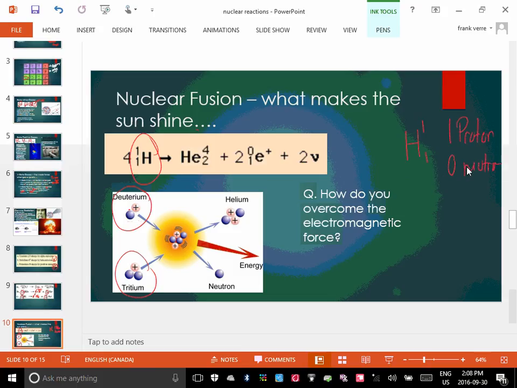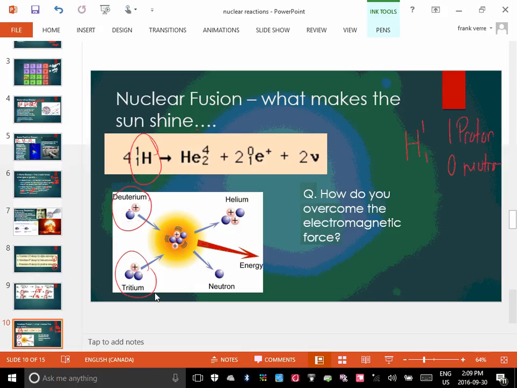So its mass would be 1 because it has 1 proton. But deuterium actually has, if you can see in this picture, 1 proton and 1 neutron. So this would be an isotope of hydrogen. And tritium has 1 proton with 2 neutrons. So it has a mass number of 3. Okay? So there's three different types of hydrogen then. There's H1, there's H2, and there's H3.